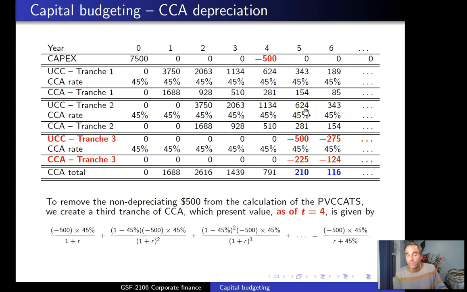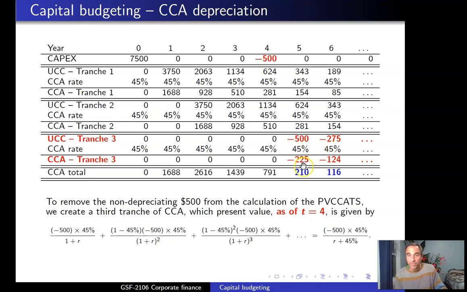So here we applied 45% to a total of $967. But in fact, we should have applied it to $467 because we need to subtract from the value of the entire asset class the price at which the assets have been sold. So here there's a second tranche which will be negative. So it begins with minus 500, so minus the salvage value.